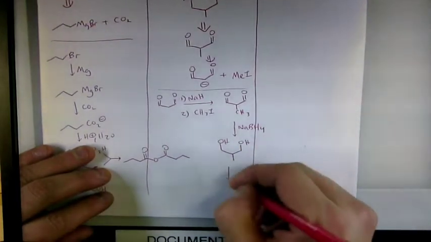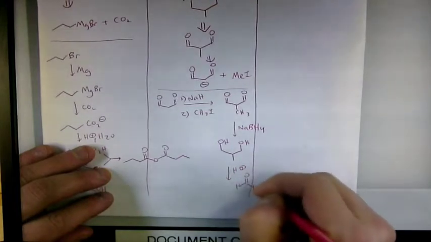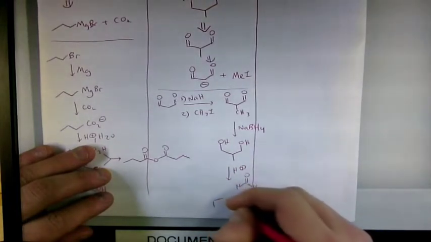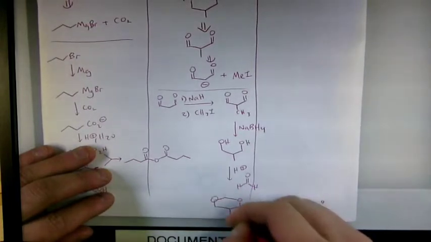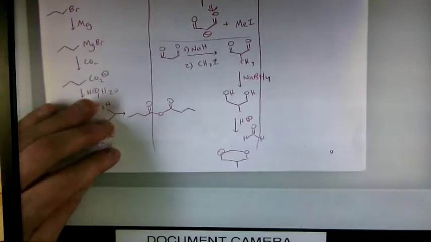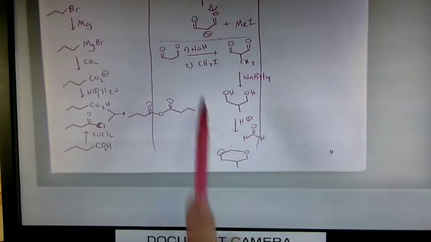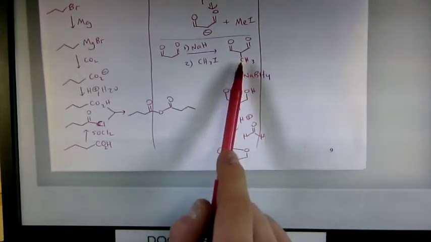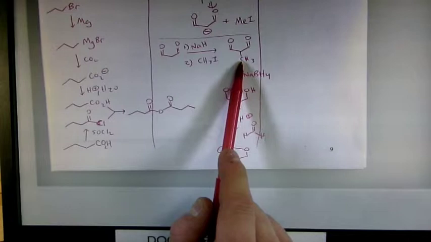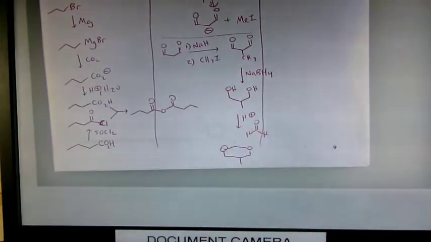And then that one I would react with H plus and formaldehyde to give you the protection, final product. So just to recap, deprotonation, alkylation. So you add CH3, reduce it, and then use that as a protecting group to make this one.